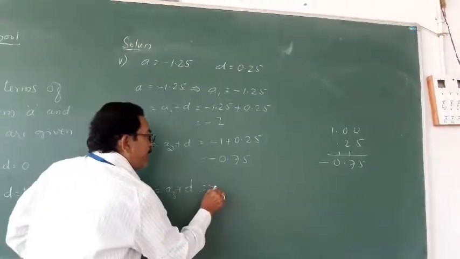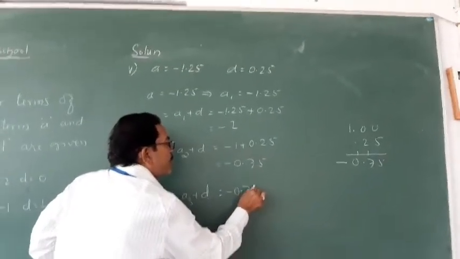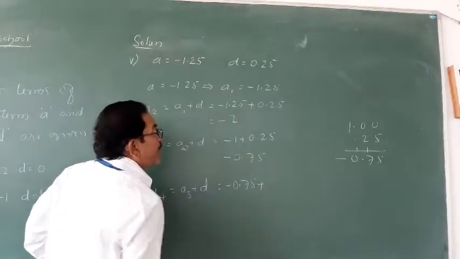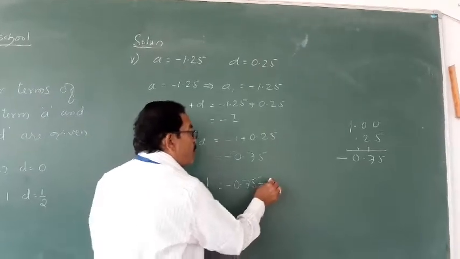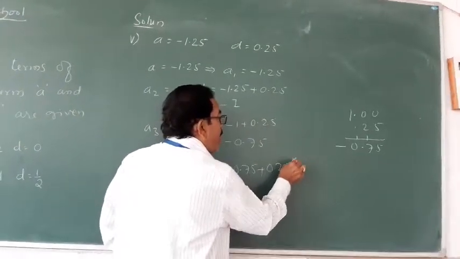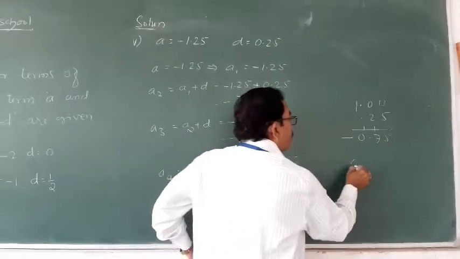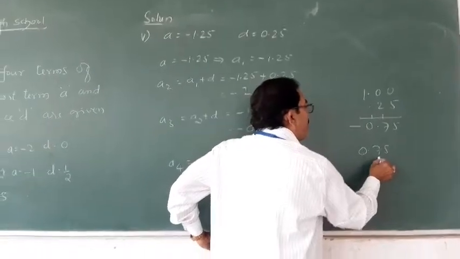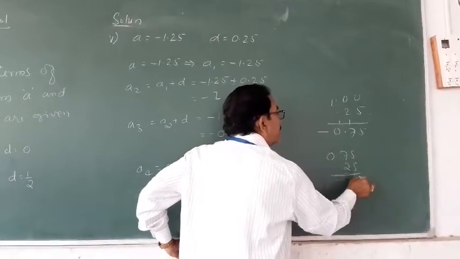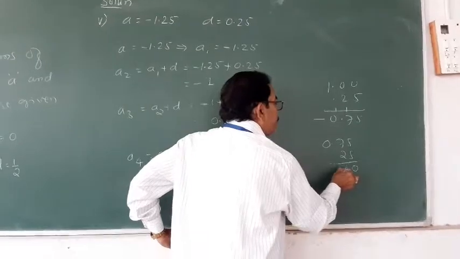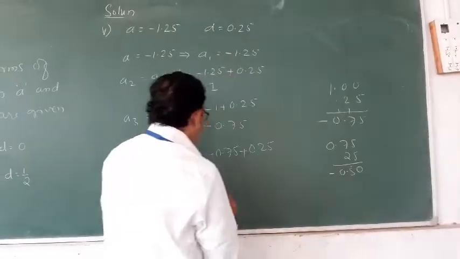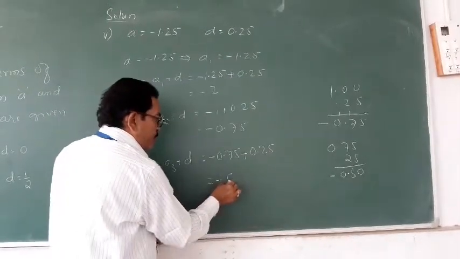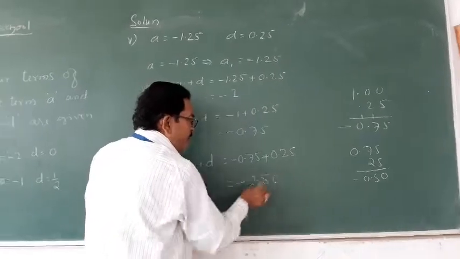That is A3, minus 0.75 plus 0.25. Okay, 0.75 minus 0.25, that is minus 0.50.